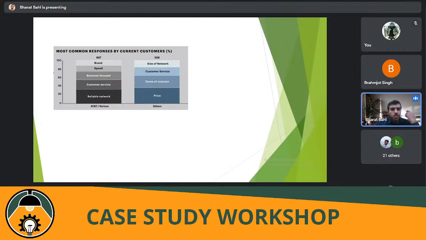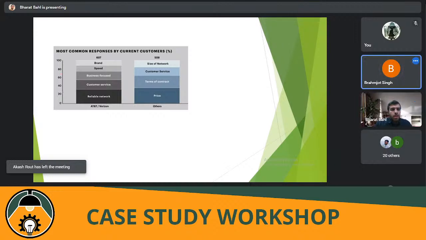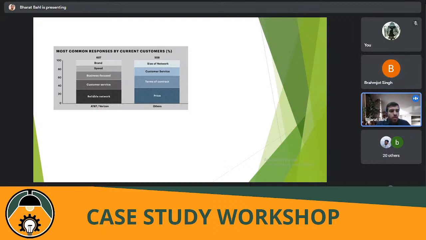So what I can see is that this is a graph of percentage of customers, I guess, in the y-axis. Yeah, it's the percentage. And we have ADT and Verizon here and other carriers here. So if you look at the customers in ADT and Verizon, the maximum of them are towards the reliable network.